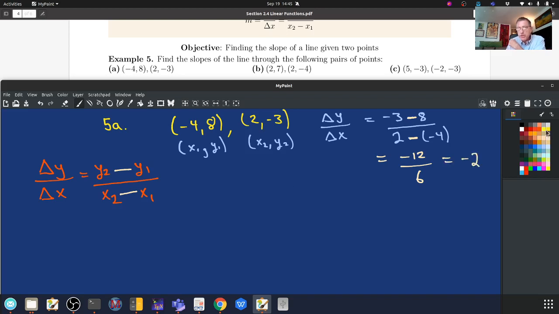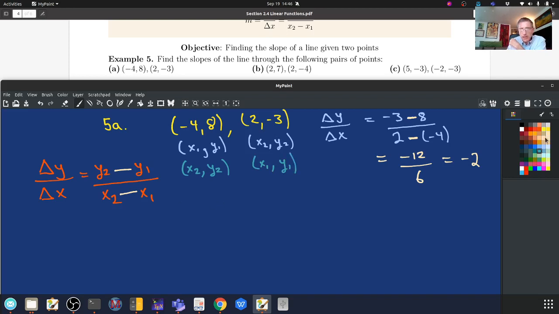Well, suppose instead of labeling the first one as x1, y1, suppose I labeled it x2, y2, and then I labeled the second one x1, y1.